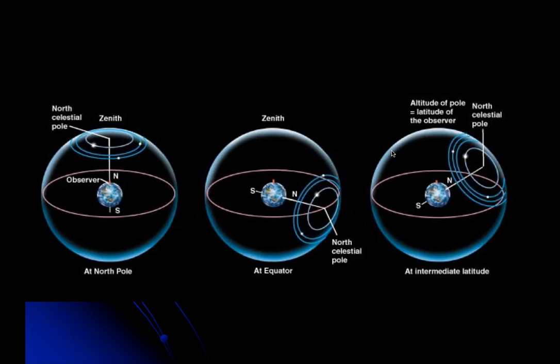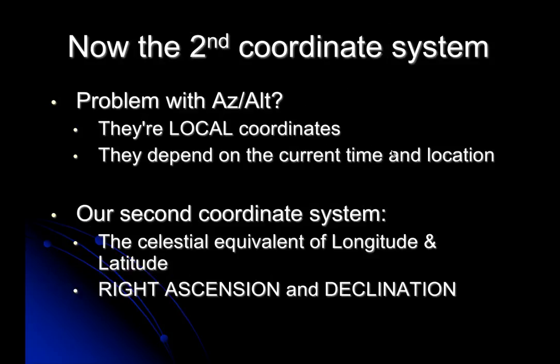All right, so the second coordinate system is right ascension and declination. The issue with azimuth and elevation is that if you describe to somebody on the telephone, say, here I am in Los Angeles, and you're talking to a friend in Perth, Australia, to look in the night sky, and you say, well, it's got an azimuth of 20 degrees and an elevation of 60, then the location they're going to be looking at is going to be very different than the location that you're looking at, because after all, their zenith is quite different.